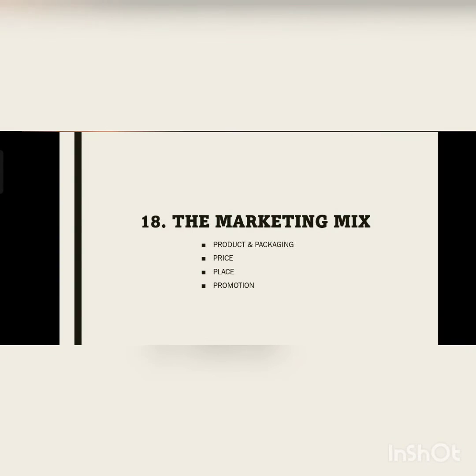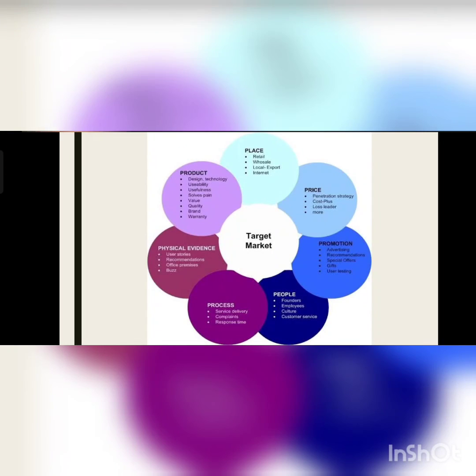Okay, then the most important aspect for any organization is its marketing department, and you basically will be learning about how the marketing mix plays an important role. So, the marketing mix consists of product, price, place, and promotion, which are the main four P's of the marketing mix. But actually, you have seven of them.